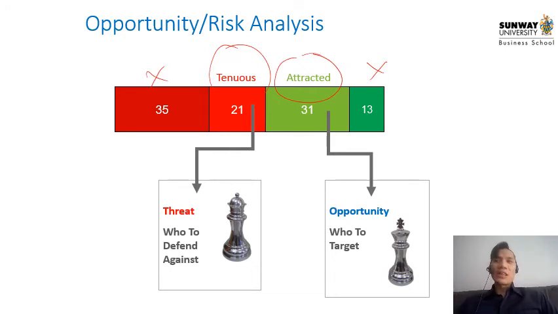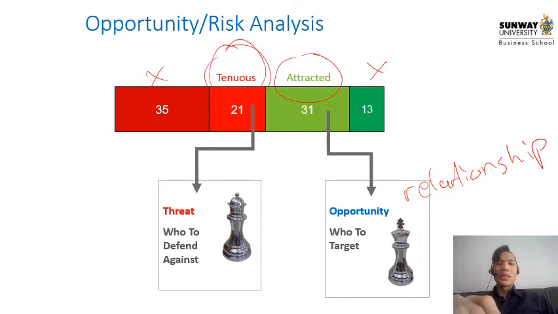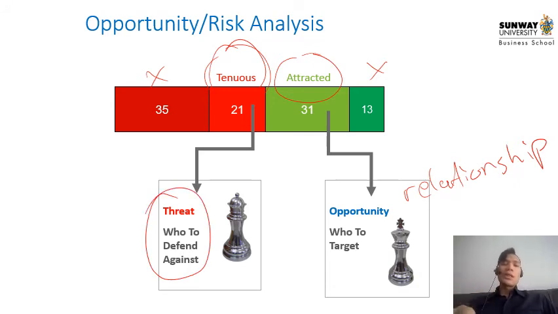How do we get them to come in and create a stronger relationship with you? Okay. And for those who are tenuous, or we like to call them about to change, or in marketing terms, we call it churn, how are we going to defend against them moving away? So that's where we need to put our effort, on these two very important groups of people, right?